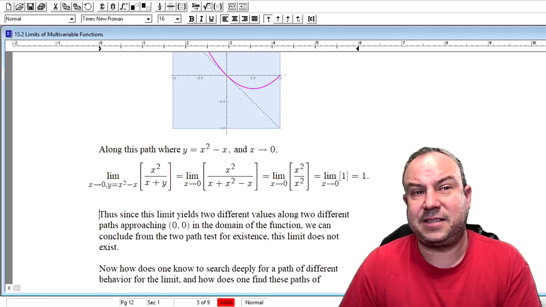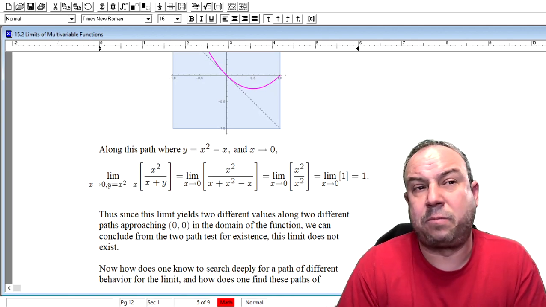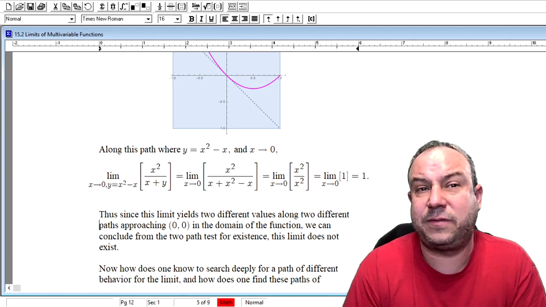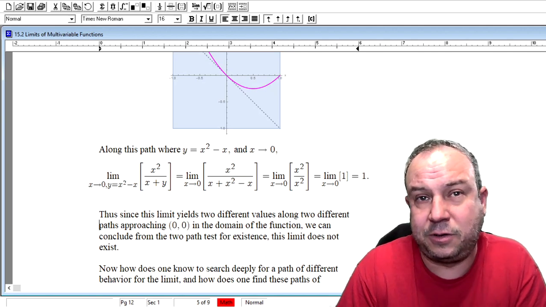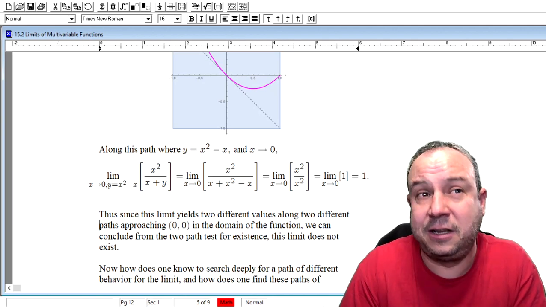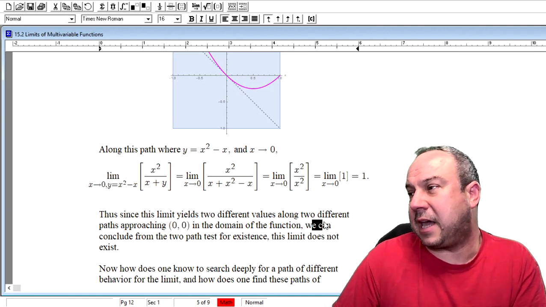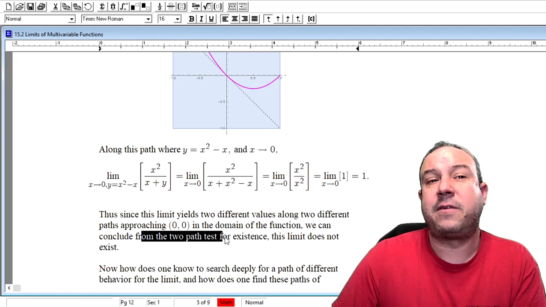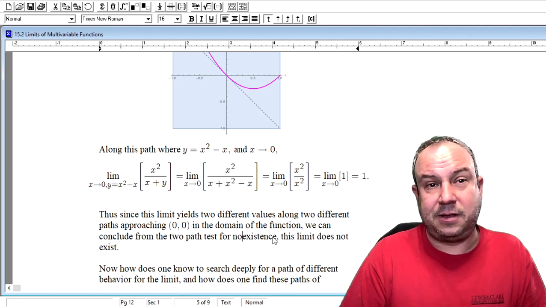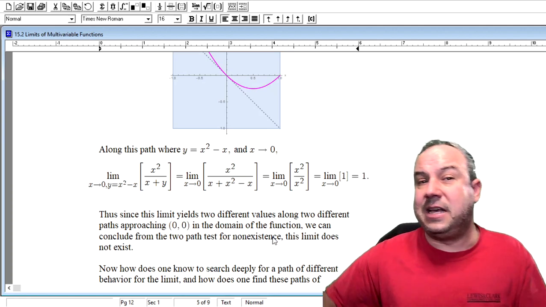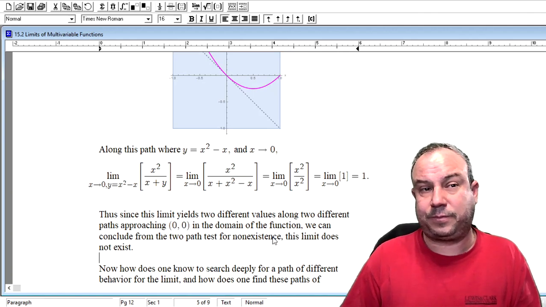Thus, since this limit yields two different values along two different paths approaching 0, 0 in the domain of this function, we can conclude from the two-path test for non-existence, this limit does not exist, folks.